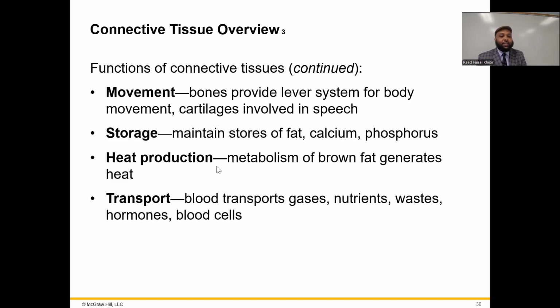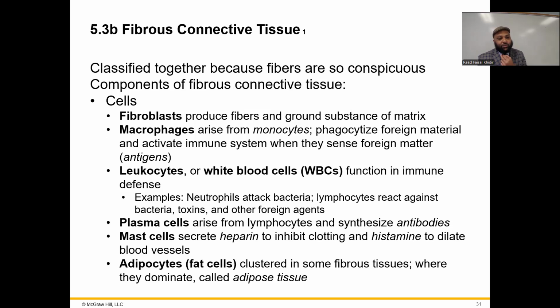So blood is a type of connective tissue. What about fat? Fat and lipid is a type of what kind of tissue? Adipose tissue is what kind of tissue? Is it epithelial, connective, muscular, or nervous? That's connective tissue.